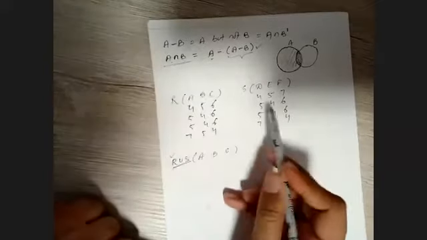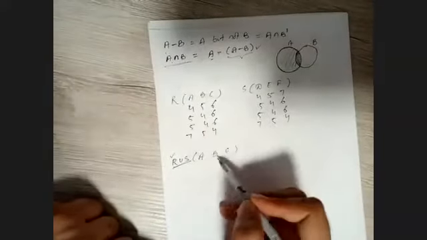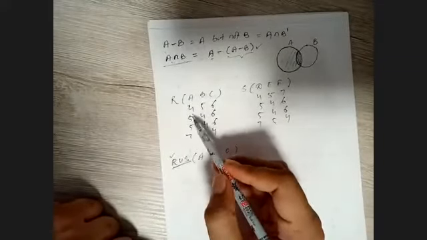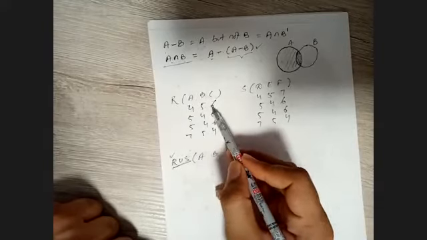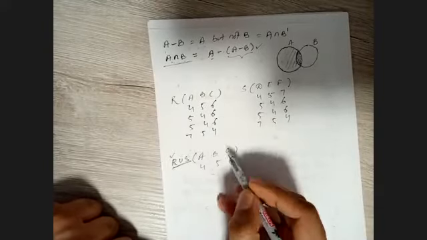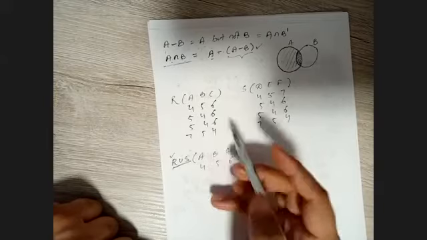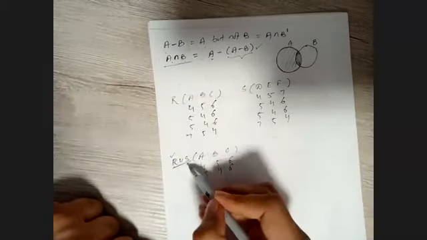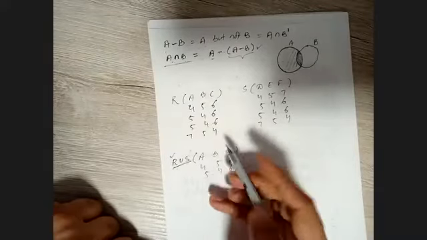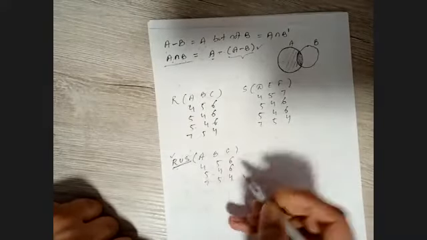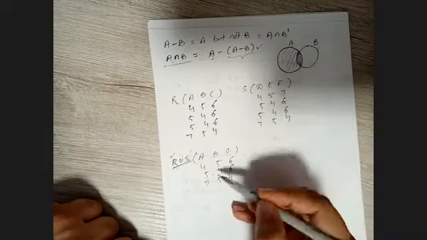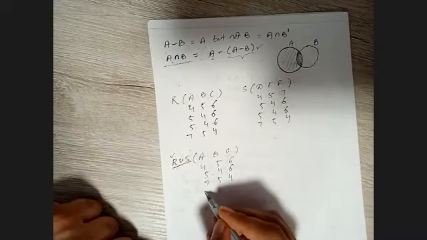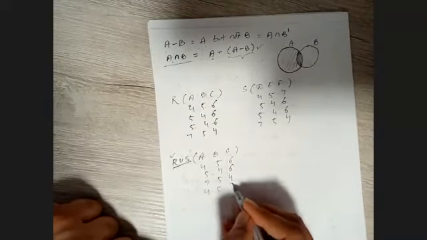And when we perform the union, we need to take all the distinct values: 4, 5, 6. Union will take only distinct values. Then 7, 5, 4 comes here: 4, 5, 7 is not already present there, so 4, 5, 7.